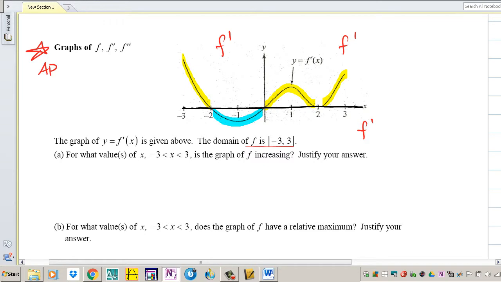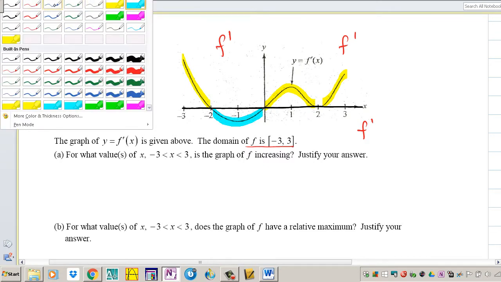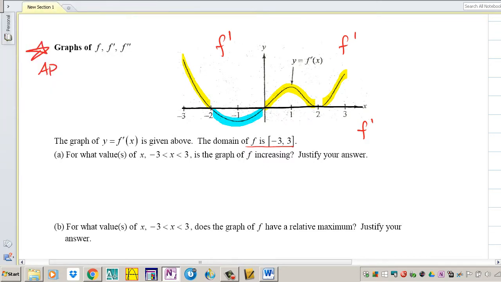Okay? So let's do some pre-work. What does it mean for a derivative to be positive? That means that the function is increasing. Okay? So let's write some notes. F is increasing on what interval? Well, where is the derivative positive? On -3 to -2.